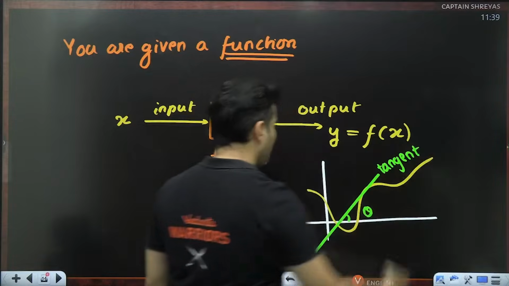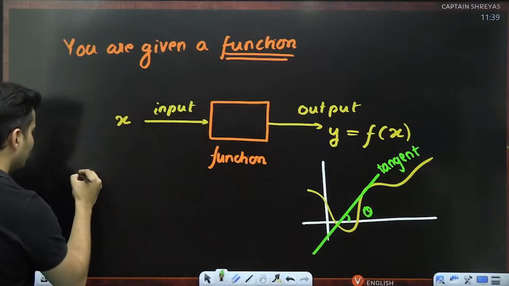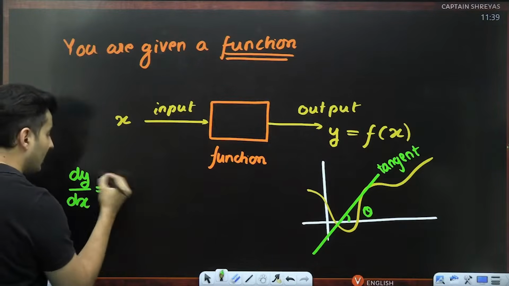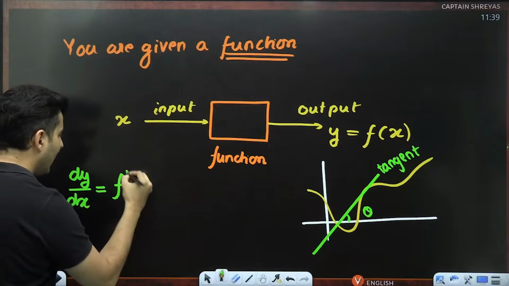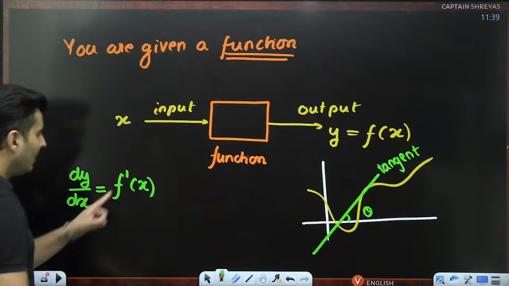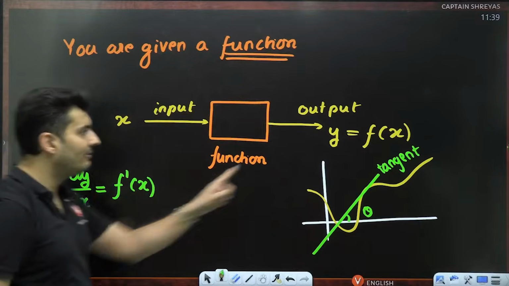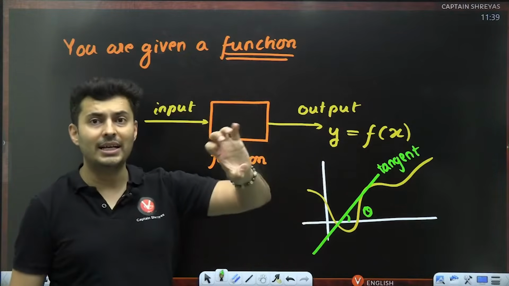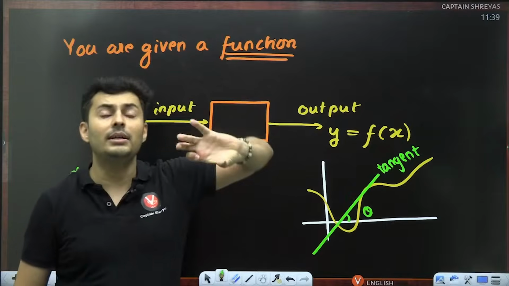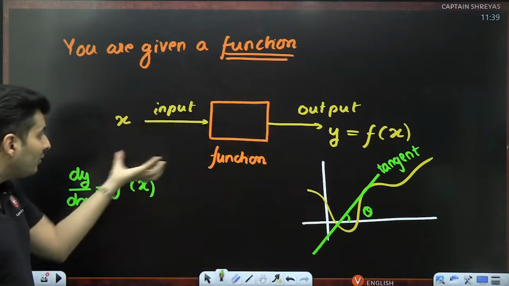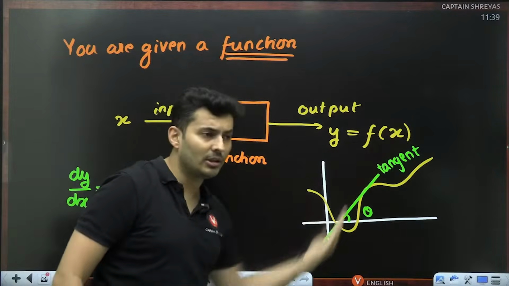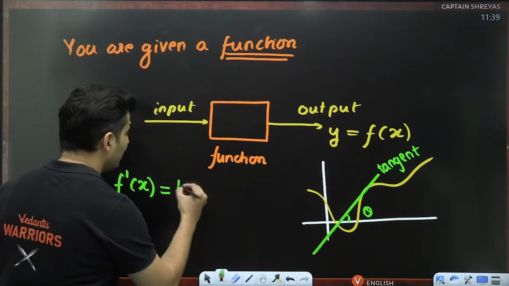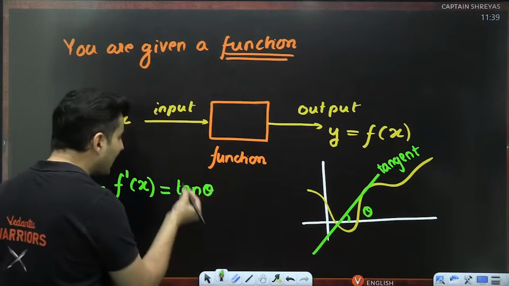If I want to find the derivative, that means dy by dx. It is also represented as f dash of x. When I put f dash, that means I have taken the derivative. I have found the slope. I am finding the rate of change. I am finding the differentiation of that particular graph, that curve. I am drawing a tangent and measuring the tan theta. That is basically tan of theta, but I cannot measure theta.